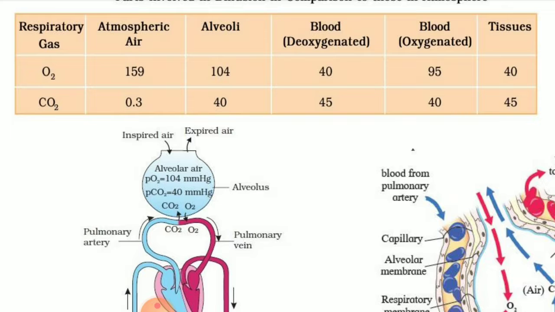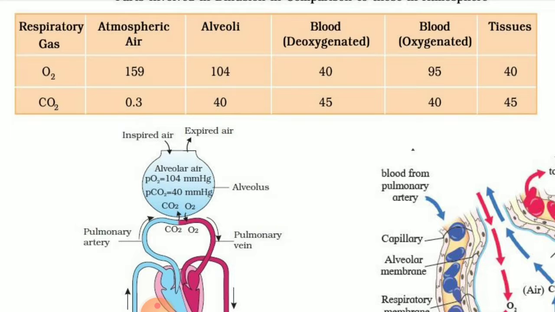So carbon dioxide is going to diffuse from the blood to the alveolar air. Are you getting it? In the first case, oxygen is going to diffuse from the alveolar air to the blood, because alveolar air has a higher partial pressure for oxygen, 104, and blood has a lower partial pressure, that is 40. So the diffusion takes place from higher partial pressure to lower partial pressure.